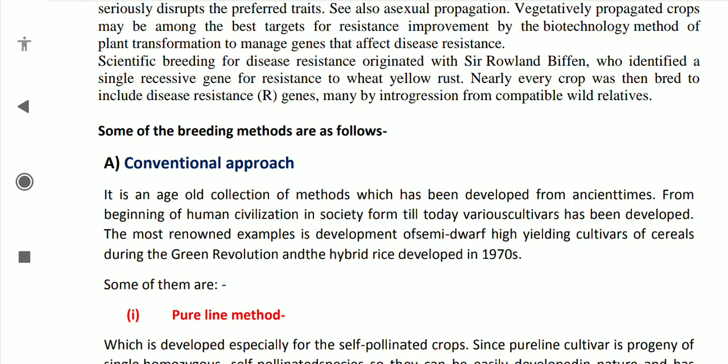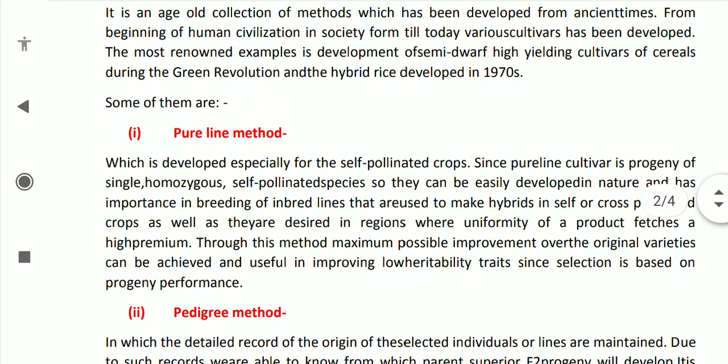Conventional methods involve the Pureline method, which is developed especially for the self-pollinated crops. Since Pureline cultivars are progeny of a single homozygous self-pollinated species, they can be easily developed in nature and have importance in breeding of inbred lines that are used to make hybrids in self or cross pollinated crops, as well as they are desired in regions where uniformity of a product fetches a high premium.